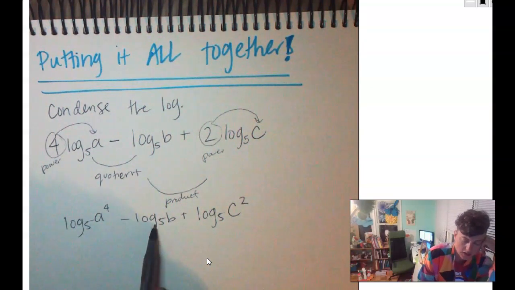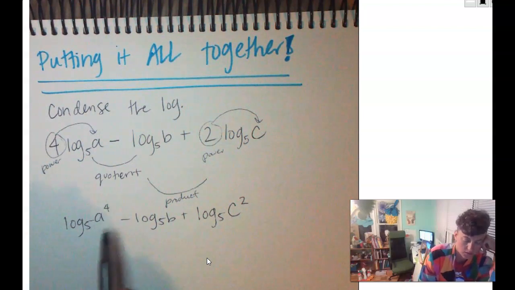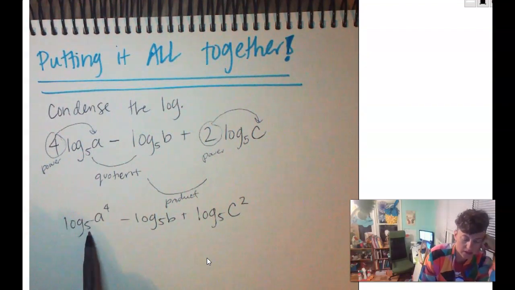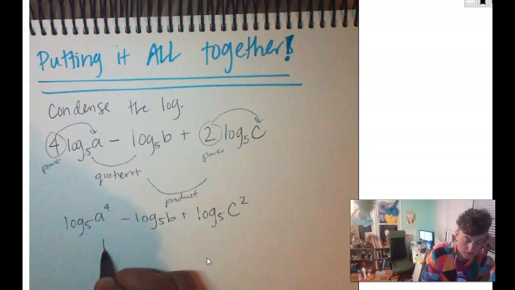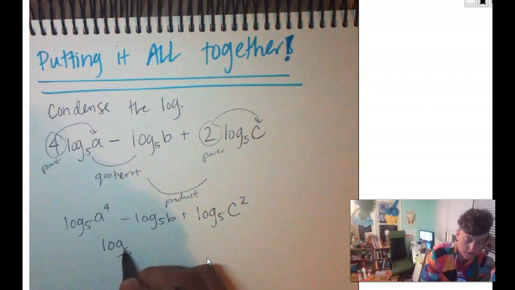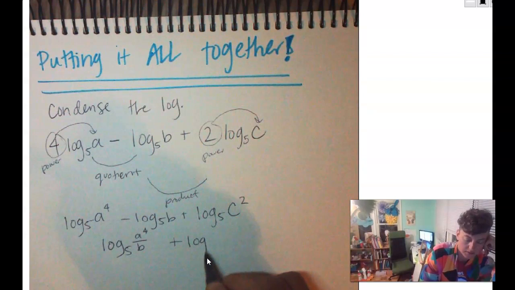The subtraction sign tells me we got to use the quotient rule. So this is going to become log base 5 of a to the 4th over b, plus log base 5 of c squared.